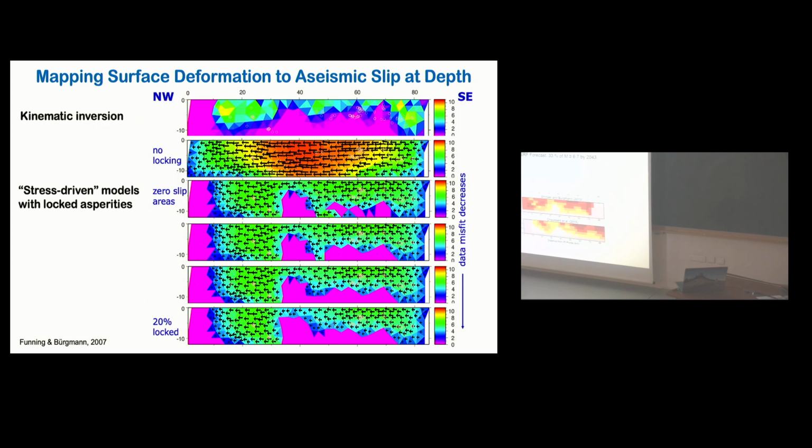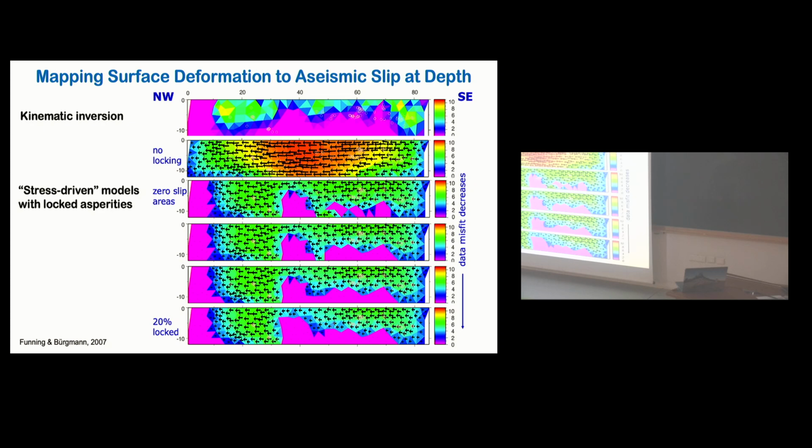We'll get to that. And this is the kind of modeling that I showed you earlier, where now rather than doing an inversion, such as in this case, which is very similar to these previous models, we use this approach of coupling portions of the fault and then solving for the slip rate using stress boundary conditions. If you don't couple anything, you only pin it on these sides, you get high strain in the middle, right? And then you go to zero slip rate at the edges.